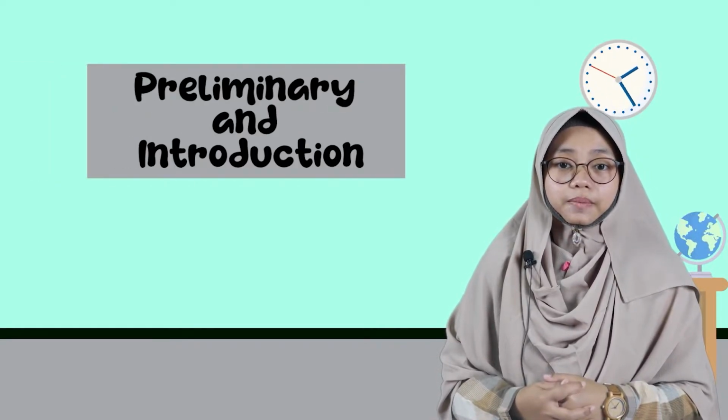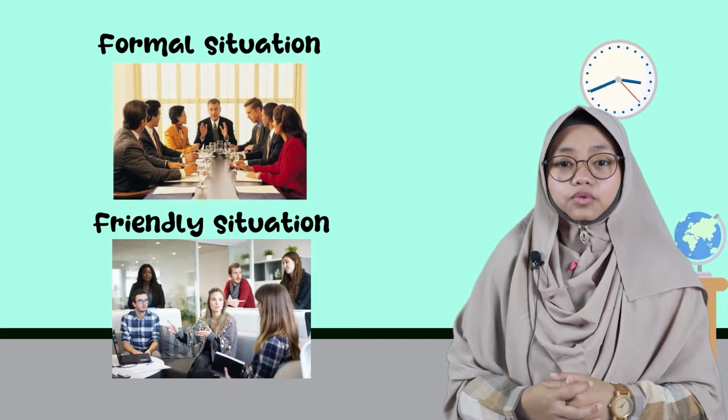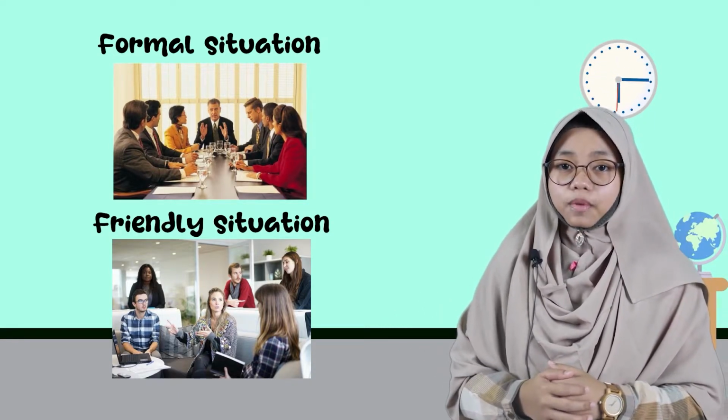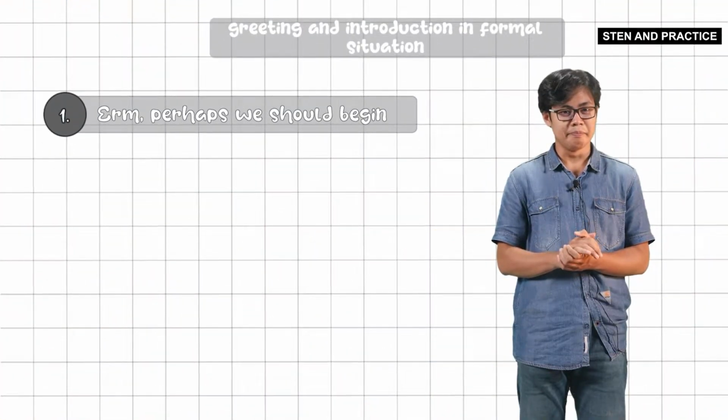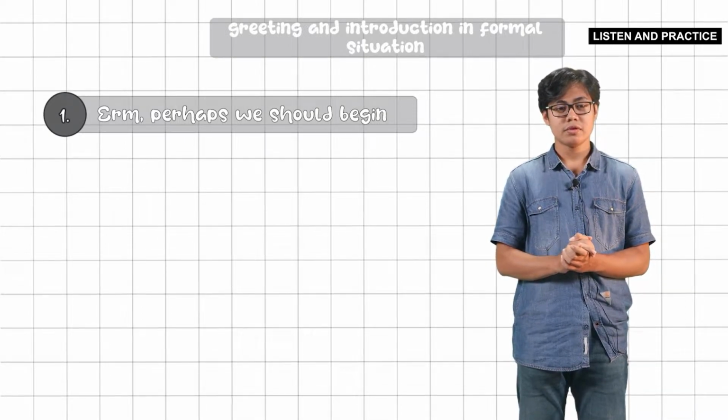Alright, for the first one, I would like to tell you about the first content regarding preliminary and introduction. In this section, I will discuss greeting and introduction in formal situations or friendly situations. You can use these phrases for formal situations. 1. Perhaps we should begin. 2.